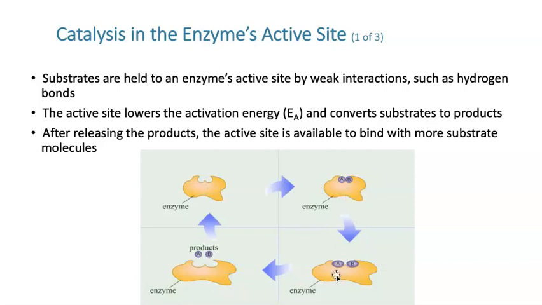When it changes its shape, it forces those two parts of the substrate to kind of stretch and break a little bit, and now we have our products that are in their separate molecules. So that stretching and that breaking, that's the lowering of the energy of activation.